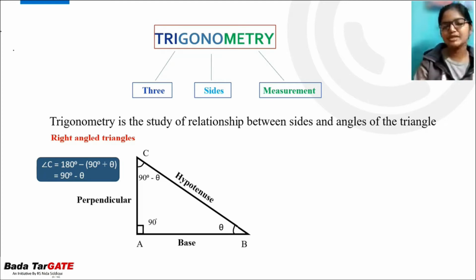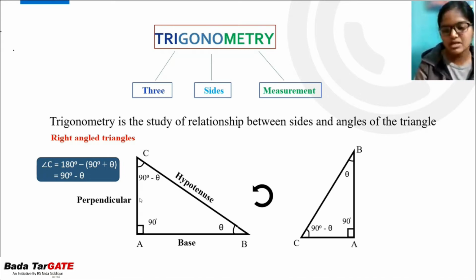I request and suggest all the students to not remember the names of the sides, like AB doesn't need to be the base always, or neither AC needs to be the perpendicular always. For example, if we flip this triangle from the right in this direction as shown by the arrow like this, such that the angle B reaches the top and angle C comes to the bottom like this.